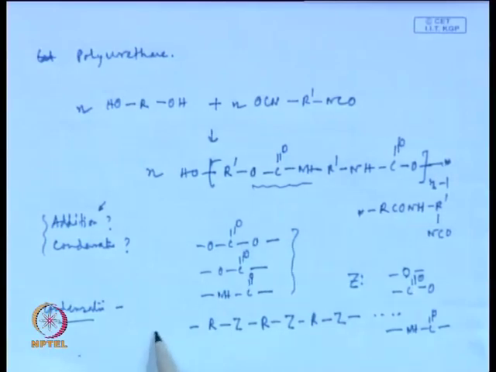You can have a general representation of the backbone structure like this, where Z represents any of the functional groups we talked about, and any polymers which do not have these structures, we call them addition polymers.